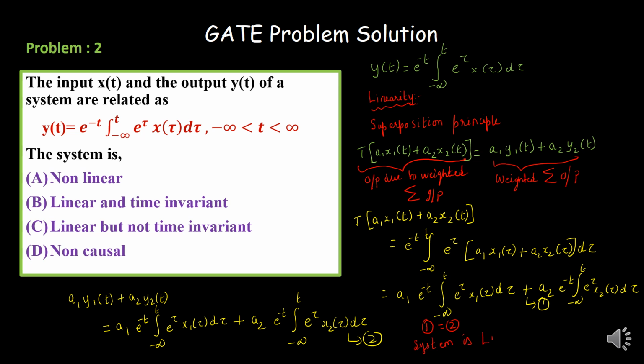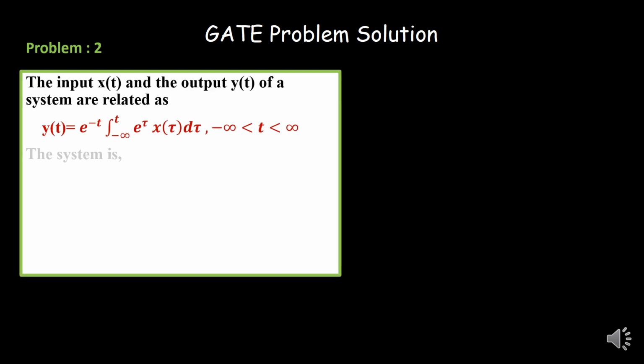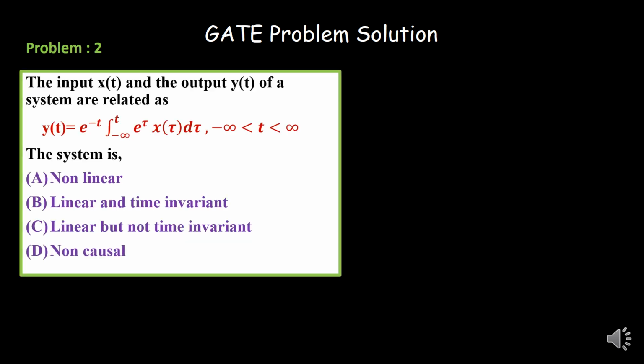So for linear, we are having two options: linear and time invariant, and linear but not time invariant. So we need to check for the time invariance property also. System is linear, so now we need to check for the time invariance. Same problem only.